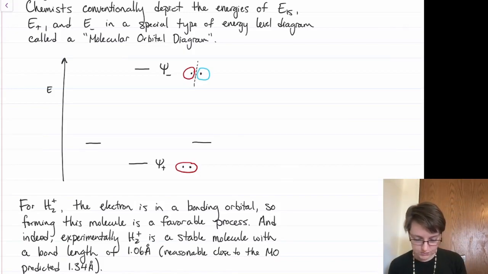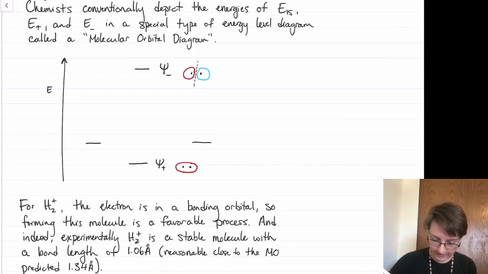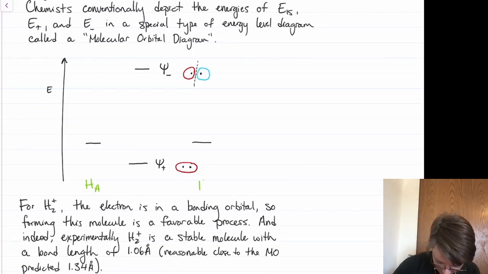I'm going to put my two orbitals to the left and to the right, and I'll label my diagram as being, here's HA and its energy level diagram, here's HB and its energy level diagram, and here is my H2 plus molecule.